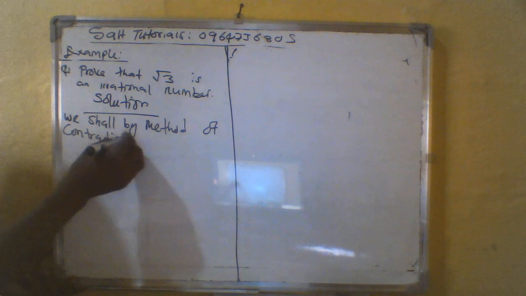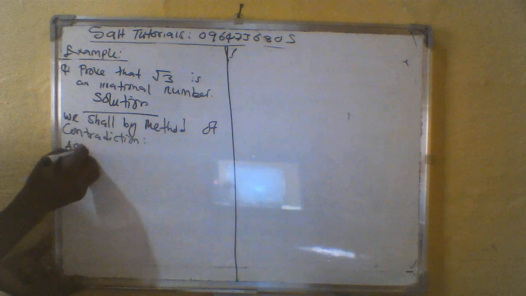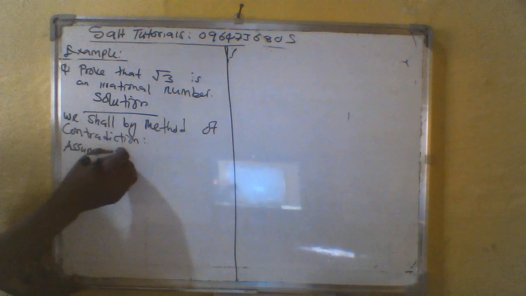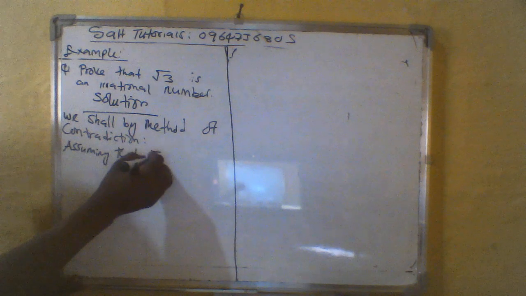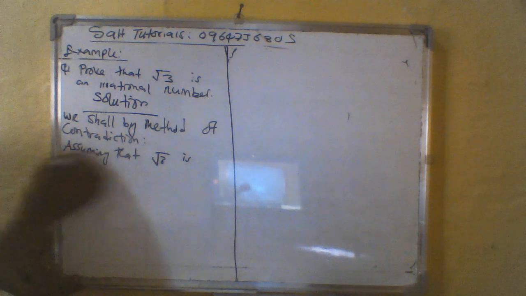So the method of contradiction works by first assuming that root 3 is rational.